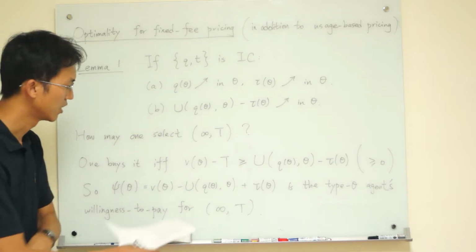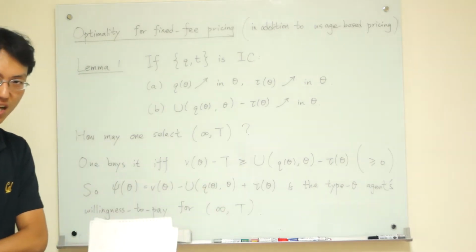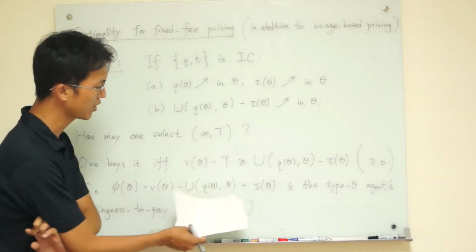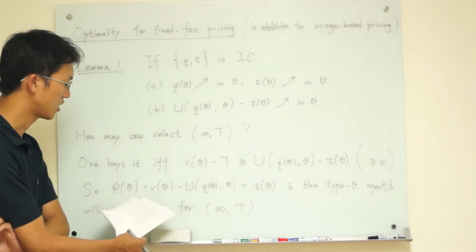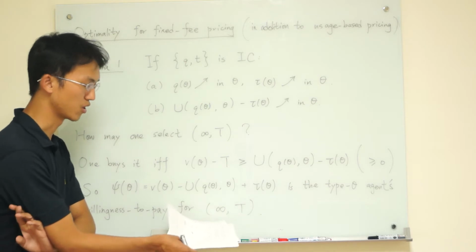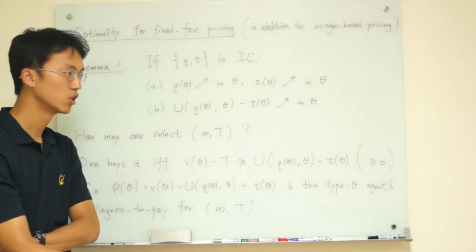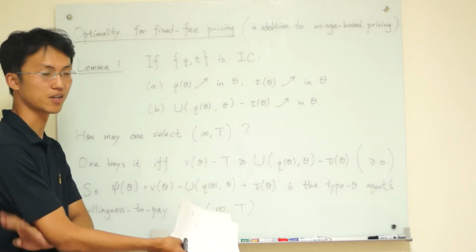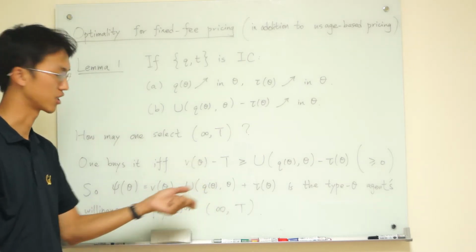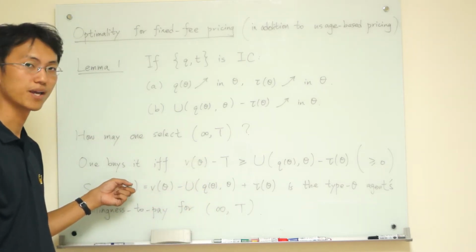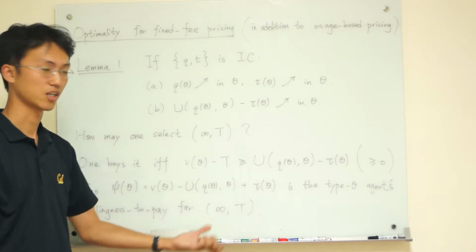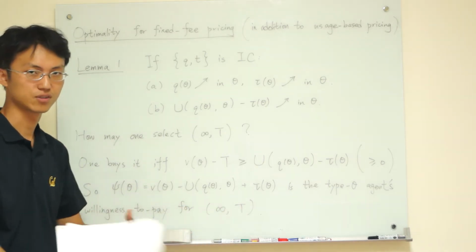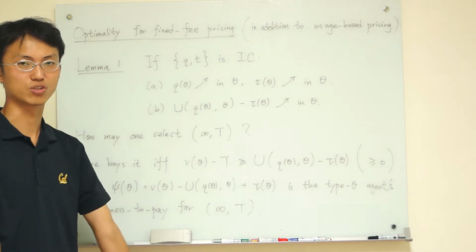That means as a type theta consumer, I will evaluate these three quantities to see whether I want to switch to the all-you-can-eat plan. I just need to check whether my willingness to pay is higher or lower than the transfer. So that's the rule for me to switch or not.